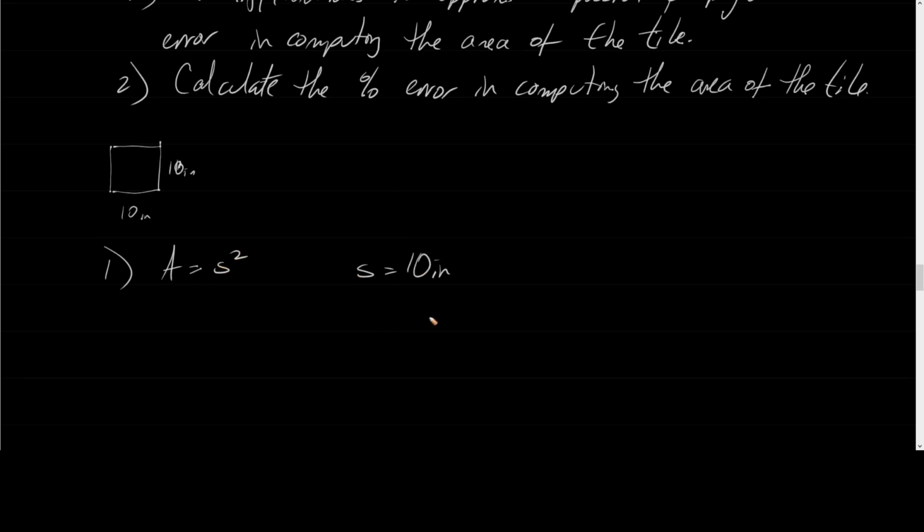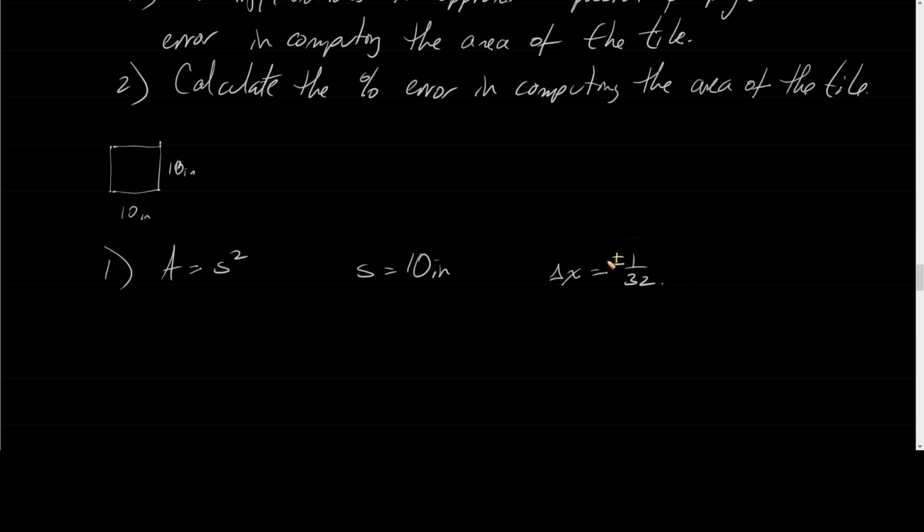And the possible error would be up to 1/32 of an inch, technically plus or minus, because we don't know if we're over measuring or under measuring by 1/32 of an inch. We'll keep that in mind, but it's not really going to change anything in our calculations, so I'm not going to add that until the end.